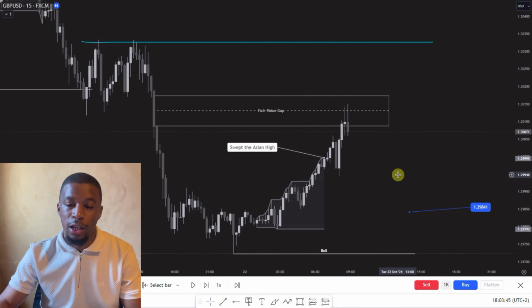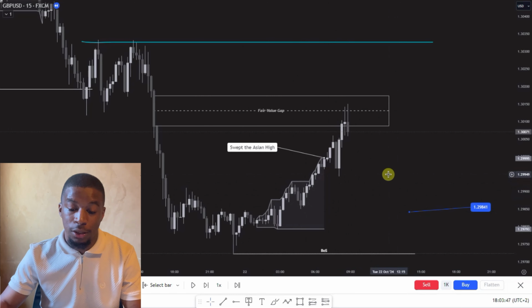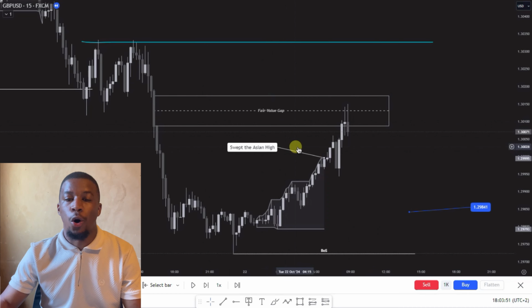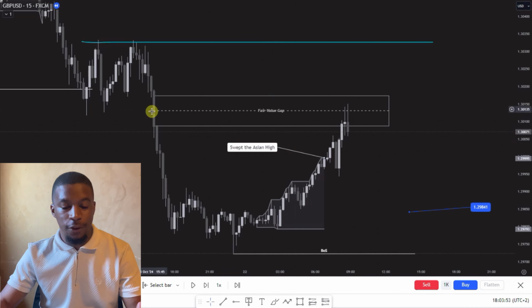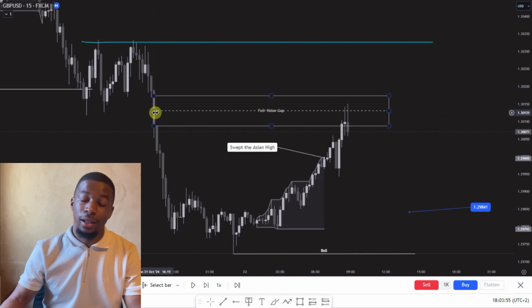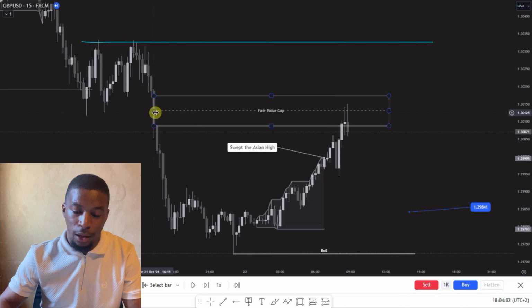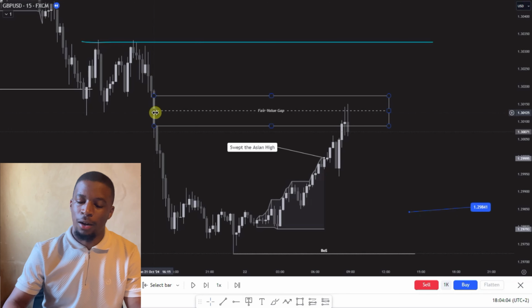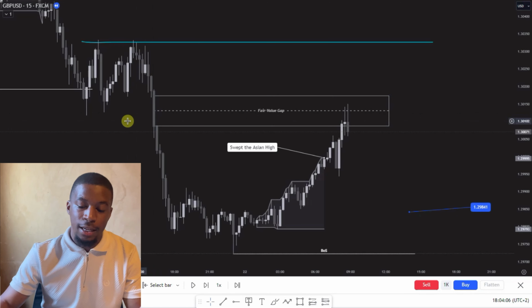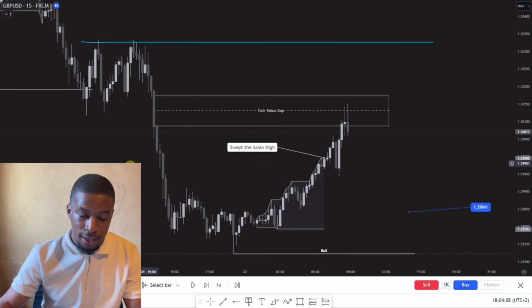So from the accumulation that the market did from Asia, we can see that the market broke buy side liquidity, going to our 15-minute fair value gap that is also within another 1 hour and a 4-hour fair value gap. So those confluences stack up to each other and increase the validity of this price action.